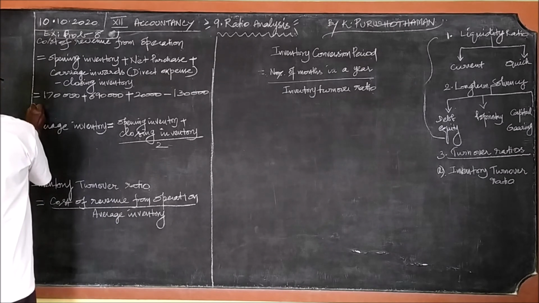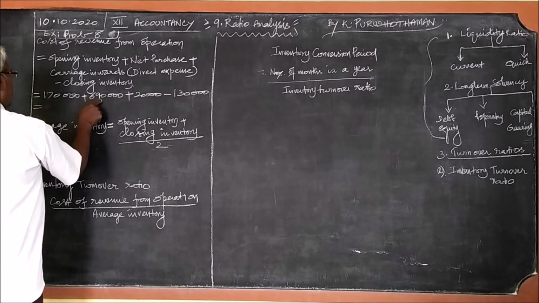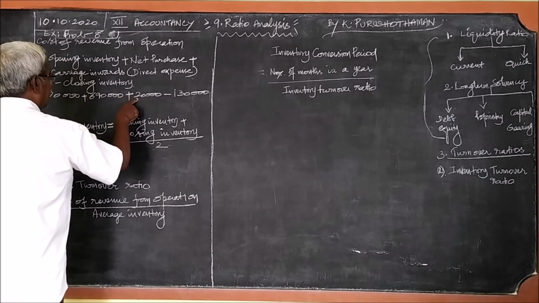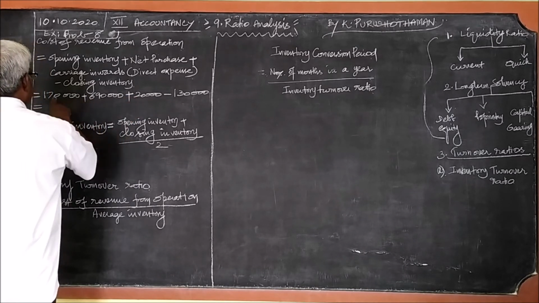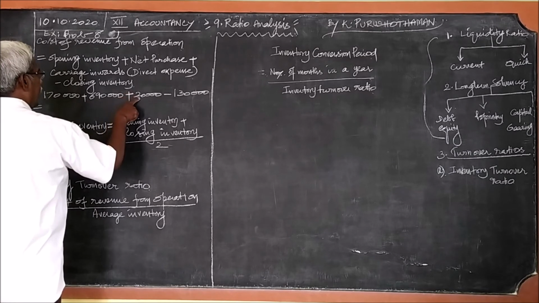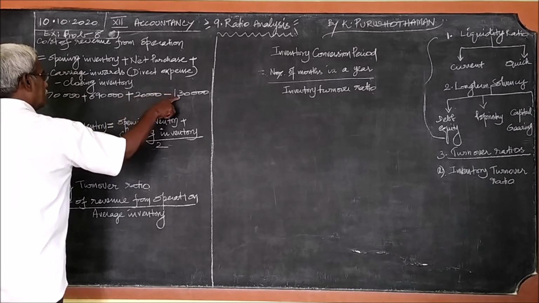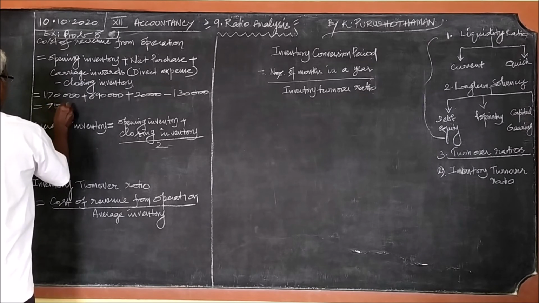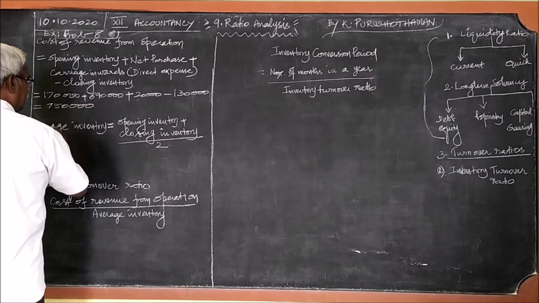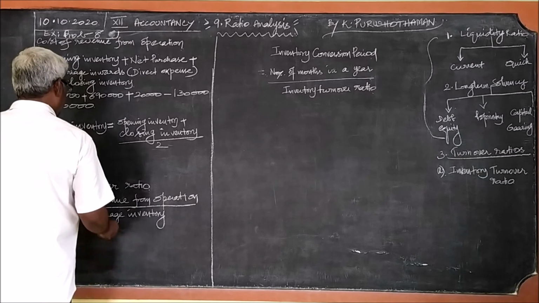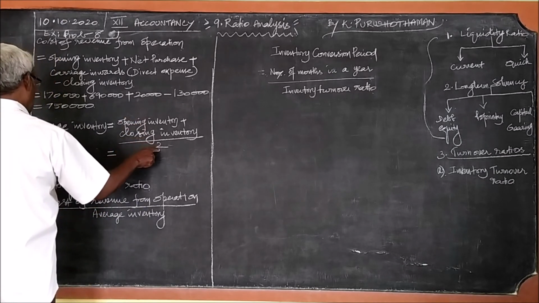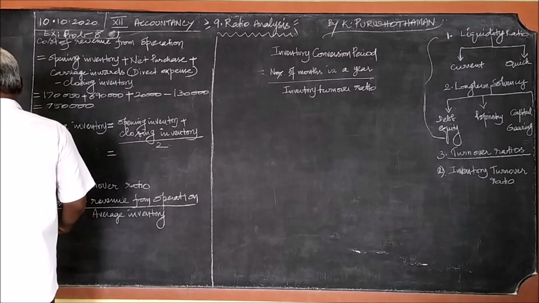This is equal to 760, 860, 880, then minus 1,30,000. It is 7,50,000. Then the denominator, opening inventory plus closing inventory by 2.